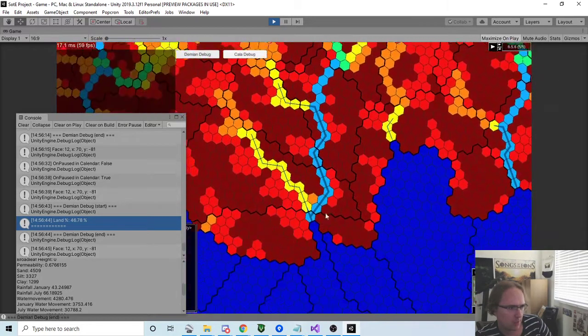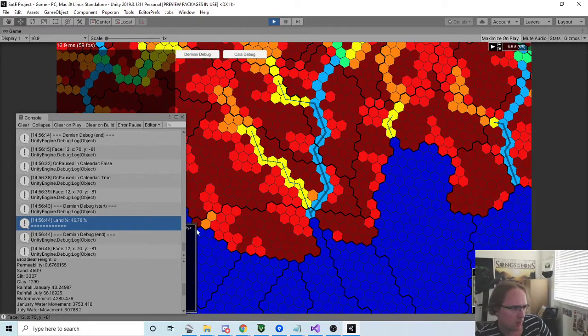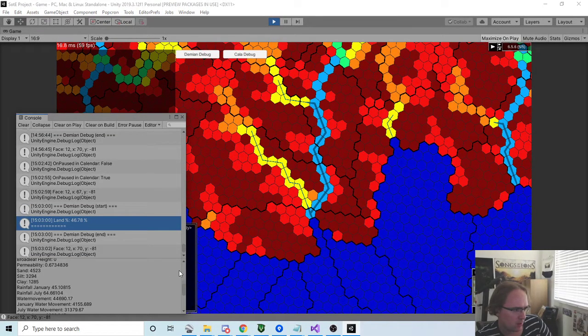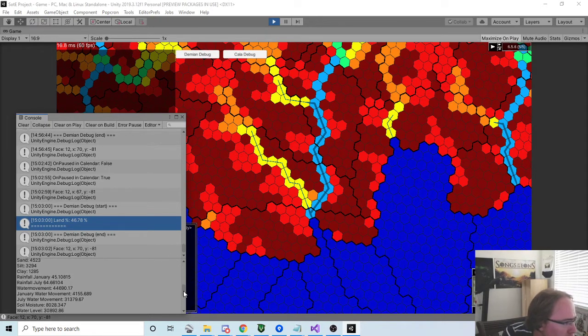Here, what is our water movement at that moment? Rainfall is... Oh, do we not have a variable to express rainfall at that moment? Guess not.